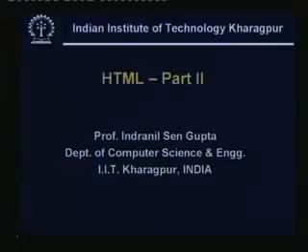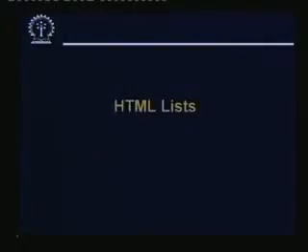Now, continuing with the discussion, today first we shall be looking at how we can specify and construct lists using HTML tags and attributes. So, the first thing we would be talking about today are HTML lists.